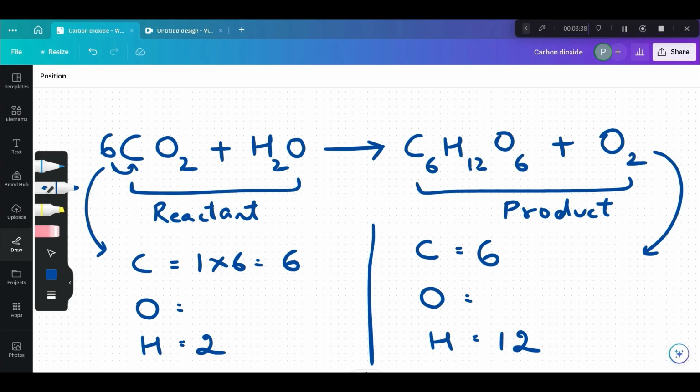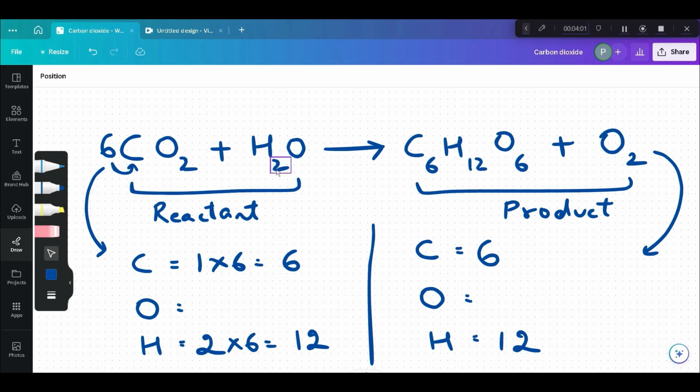So yes, absolutely. What you can do is multiply 2 by 6 in order to get the 12, right? You can do that. But as I told you, you cannot just take this off and write 12. You can't change the subscript.